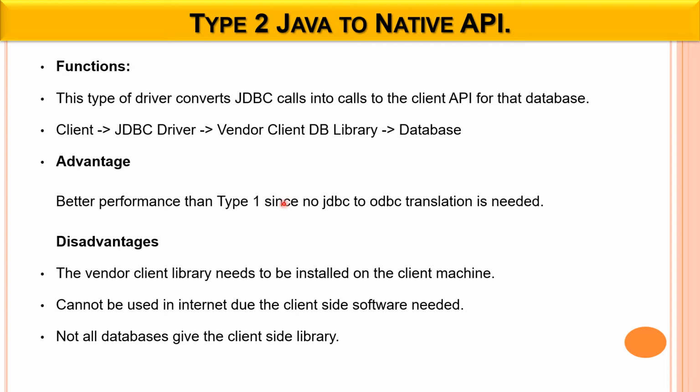What are the advantages of this Java native API, that is type 2? It has better performance than type 1, since no JDBC to ODBC translation is needed. Now, the disadvantages are also there. The vendor client library needs to be installed on the client machine, and it cannot be used over the internet because client side software is needed.